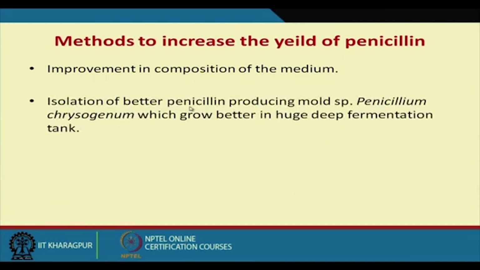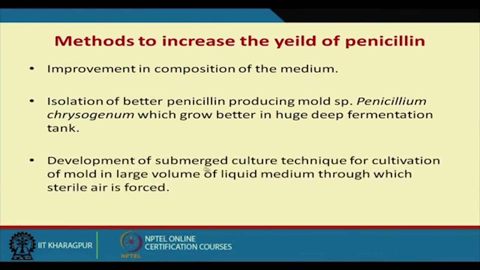Then there is the isolation of better penicillin-producing molds like Penicillium chrysogenum, which grow better in huge deep fermentation tanks, and the development of the submerged culture technique for cultivation of mold in large volume liquid media through which sterile air is forced.